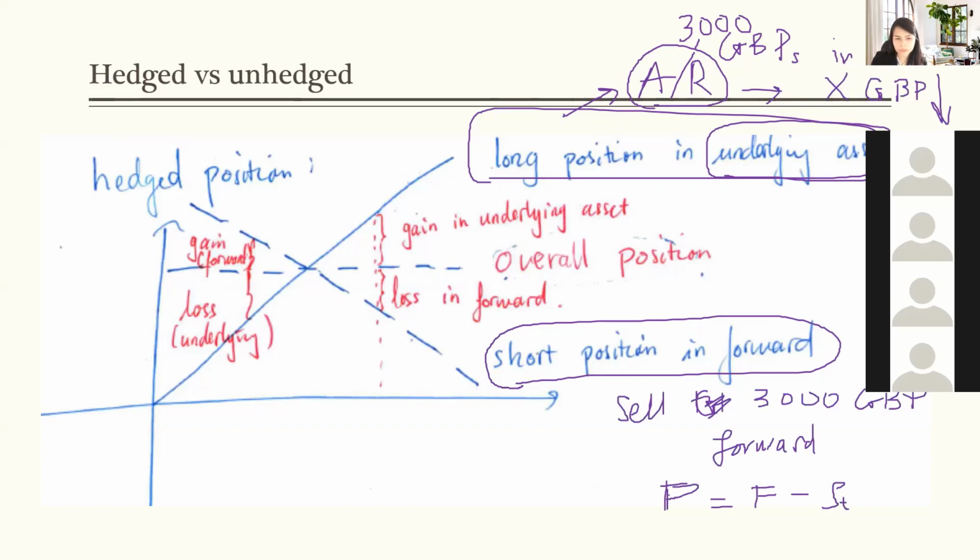If I want to plot the two positions on the graph, this upward sloping line here is my long position in the account receivable. So this is my underlying position as before.